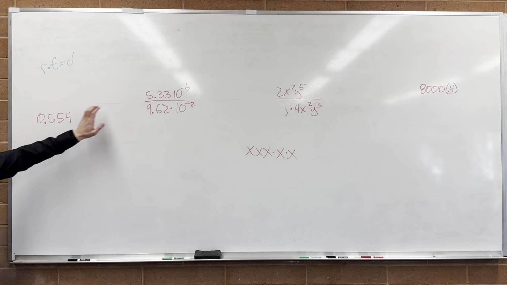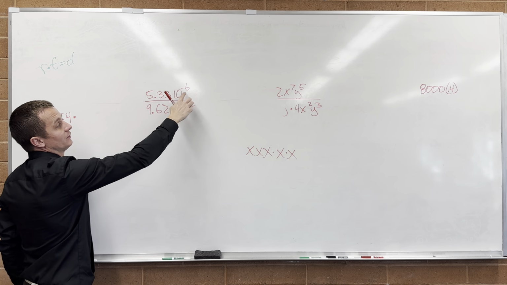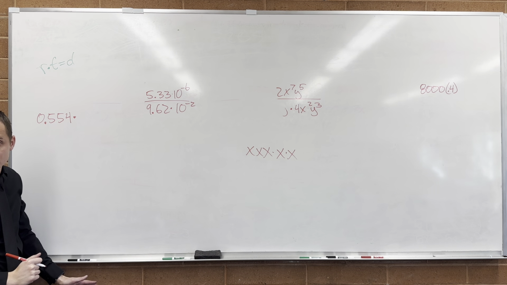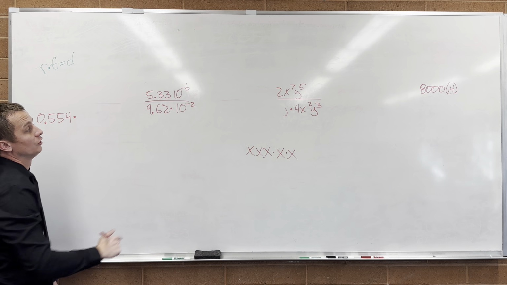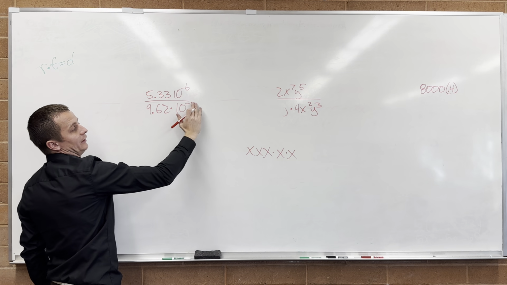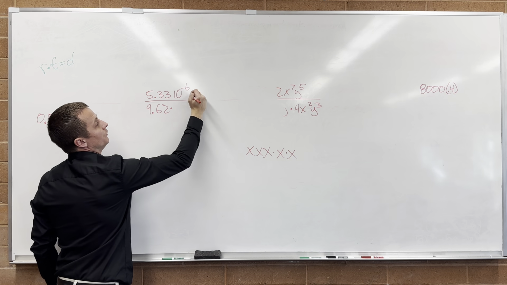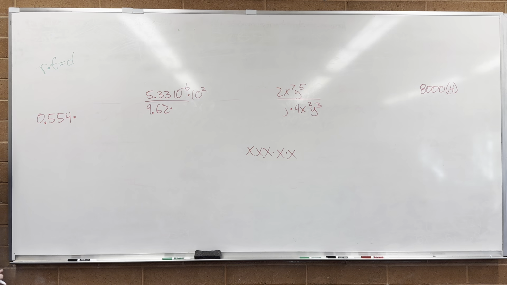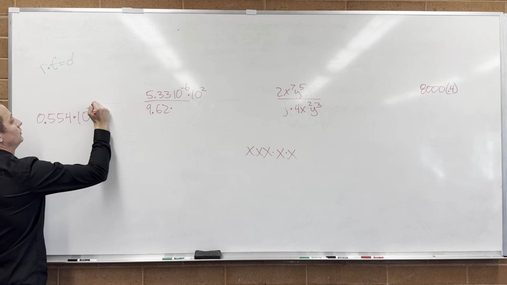We got 3 there, so let's get 3 terms here. So it's giving me that times 10 to the minus 6 and 10 to the minus 2 leaves me. So we can move these ones up here if we want. So rather than having 10 to the minus 2 there, we can move them up and have 10 to the 2 there. So negative 6 and 2 leaves me with 10 to the negative 4.